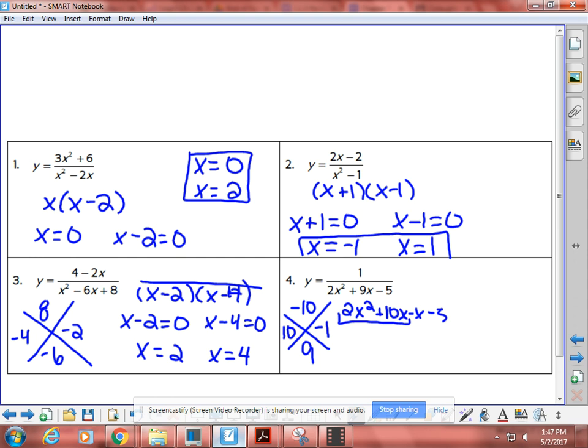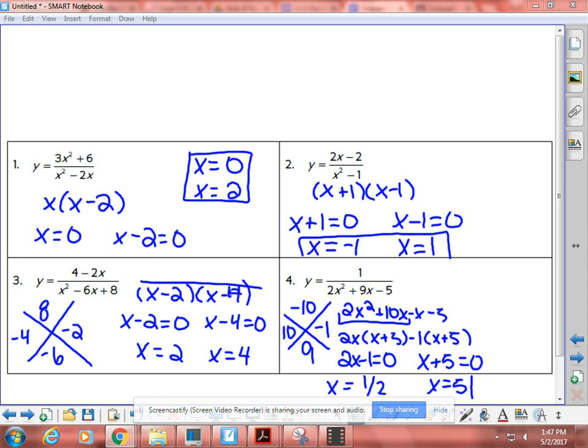Take the greatest common factor of these: 2x is my greatest common factor. 2x times x plus 5, negative 1 times x plus 5. So now I have my denominator that I can set equal to 0. I can say 2x minus 1 equals 0, and x plus 5 equals 0. This one is going to give you 1/2, and this one is going to give you negative 5. That factoring is a good review for the final because that will definitely be on there.